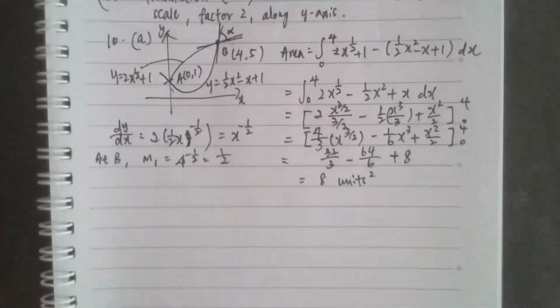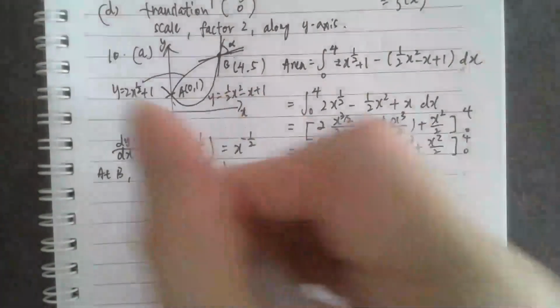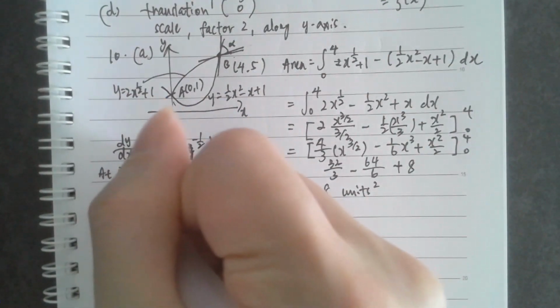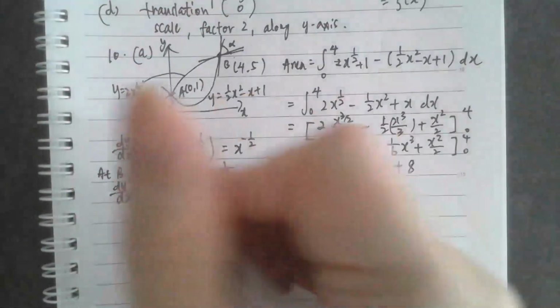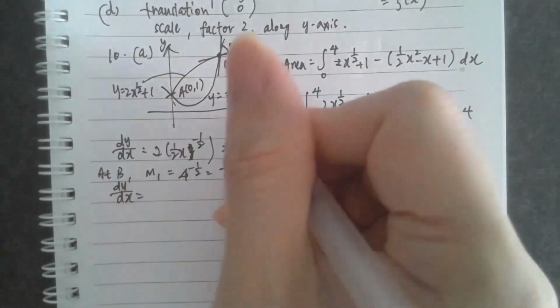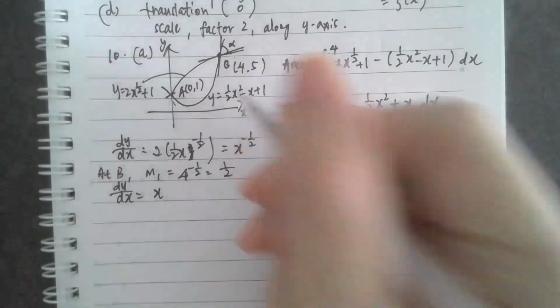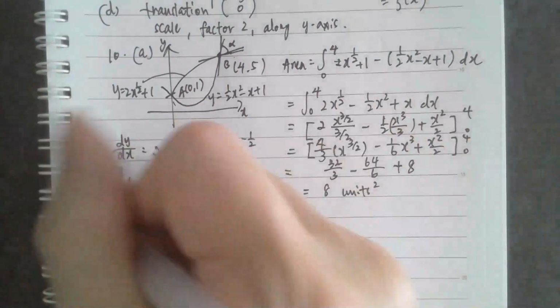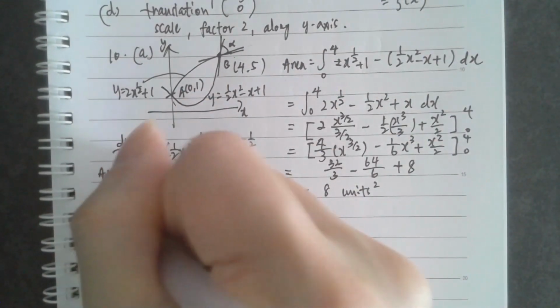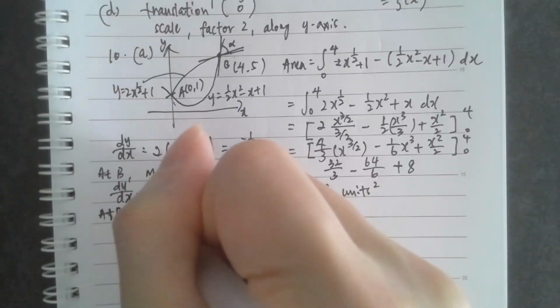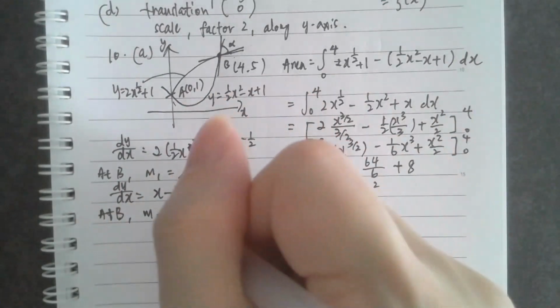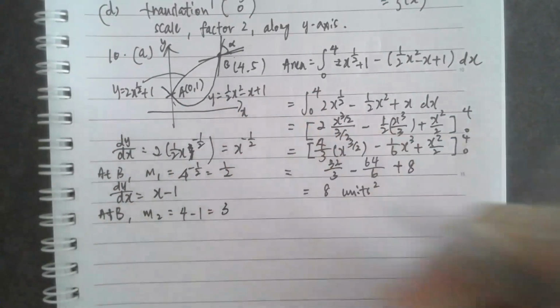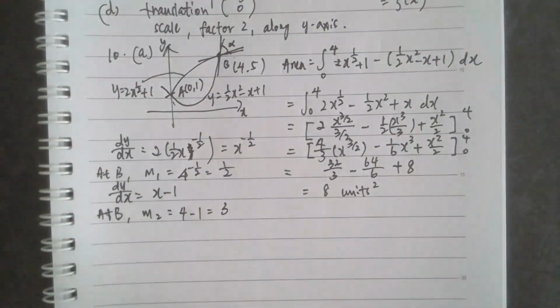Similarly, dy dx, the gradient for the lower curve, is x, I'll bring 2 down, minus 1. So similarly at B, m2 is 4 minus 1, which is 3.